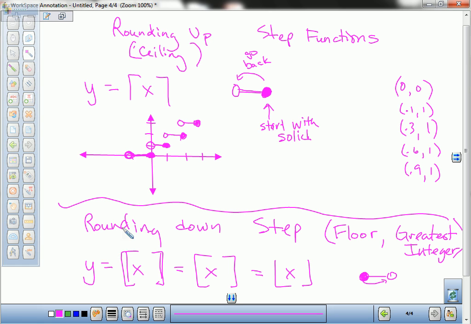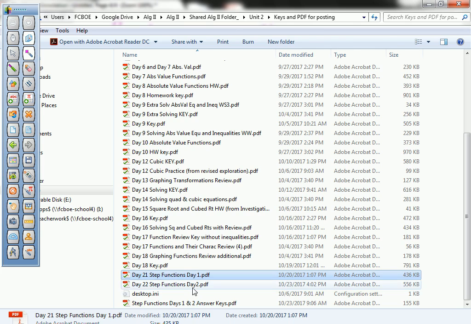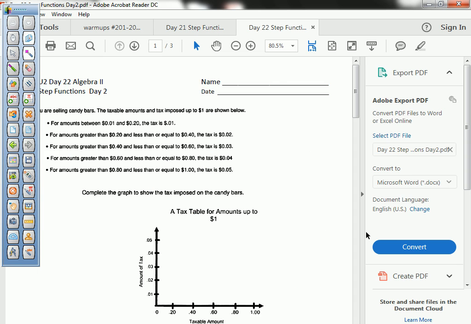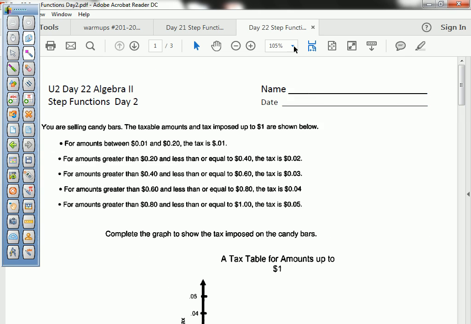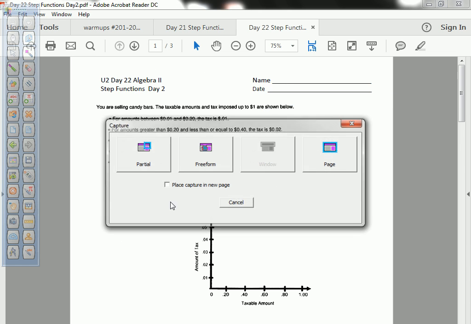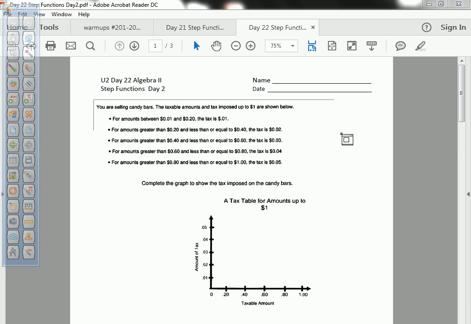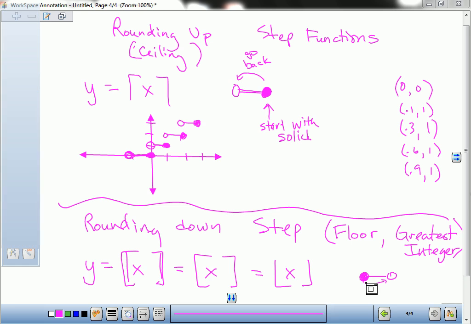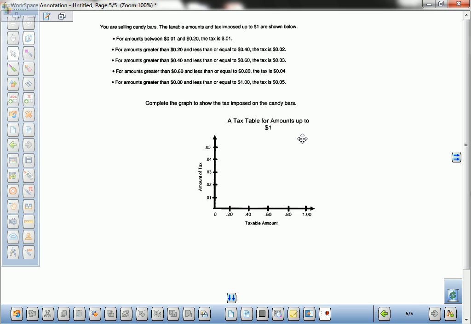All right, so let's take a look at this. All right, so you are selling candy bars.